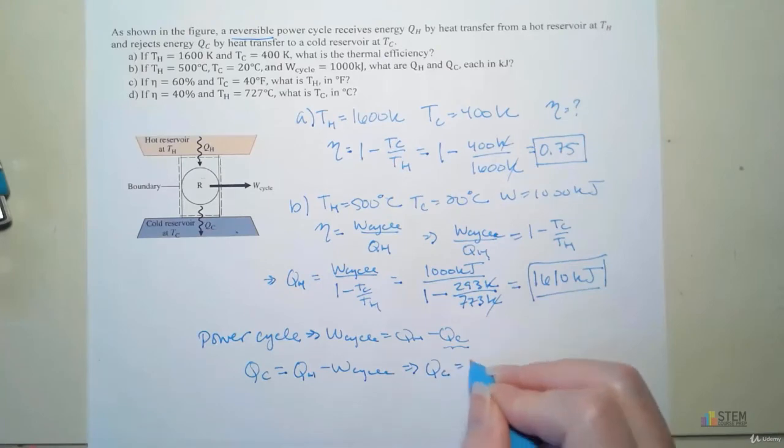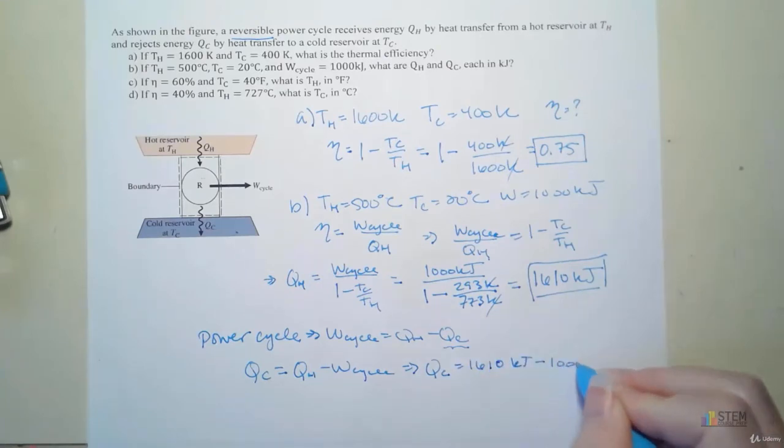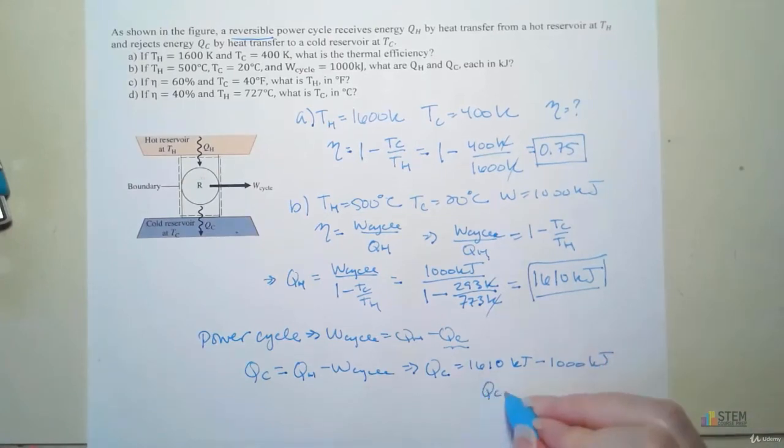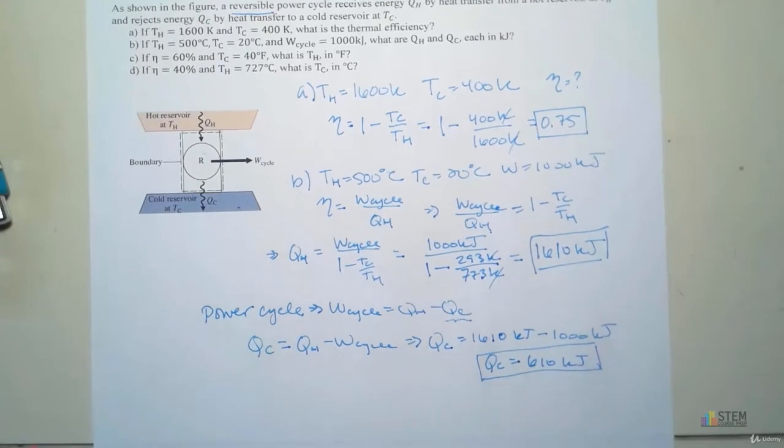So that gives us QC equals 1610 kilojoules minus 1000 kilojoules, giving us a QC value of 610 kilojoules. So that'll be the heat energy that's discharged to that cold reservoir. All right, so both of these are for part B.